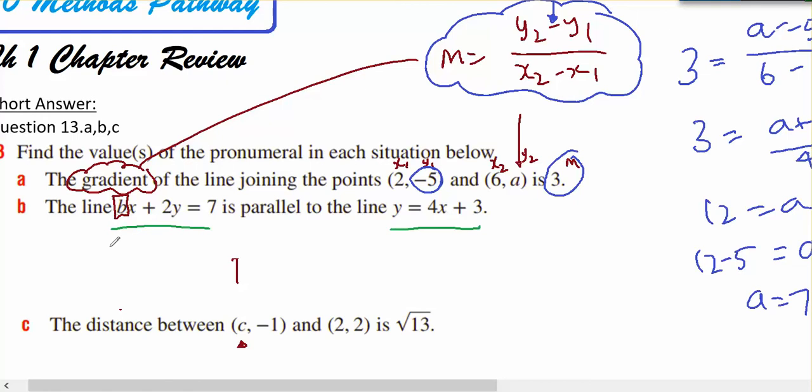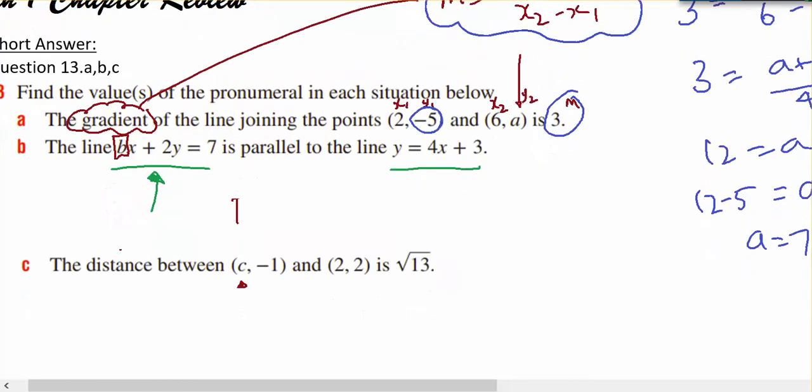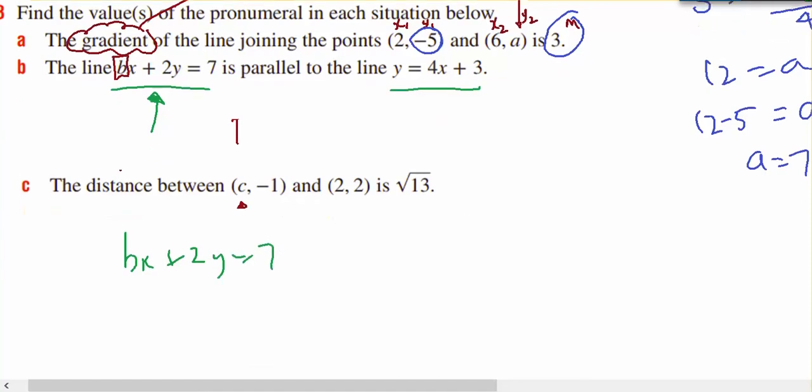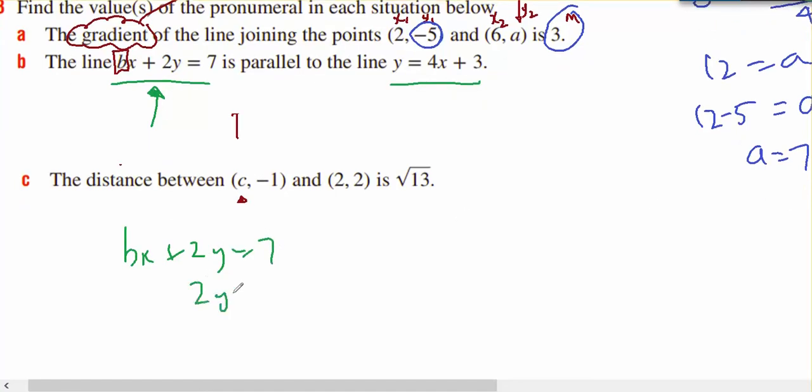So I could rearrange this for y equals and then work it out accordingly. So I've got bx plus 2y equals 7, 2y equals minus bx plus 7, y equals minus b on 2x plus 7 on 2.